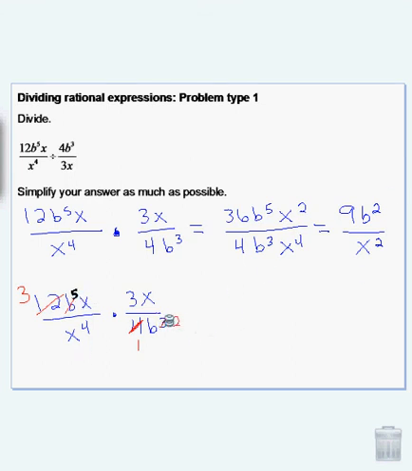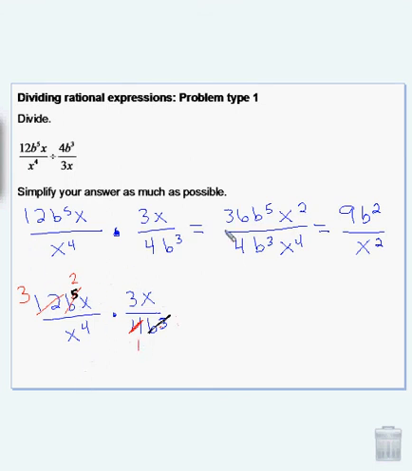So, this changes things up a bit. Apologize for that. I have 5 b's in this numerator and 3 b's in the denominator. 3 of these b's will cancel, leaving me 2 b's in my numerator.